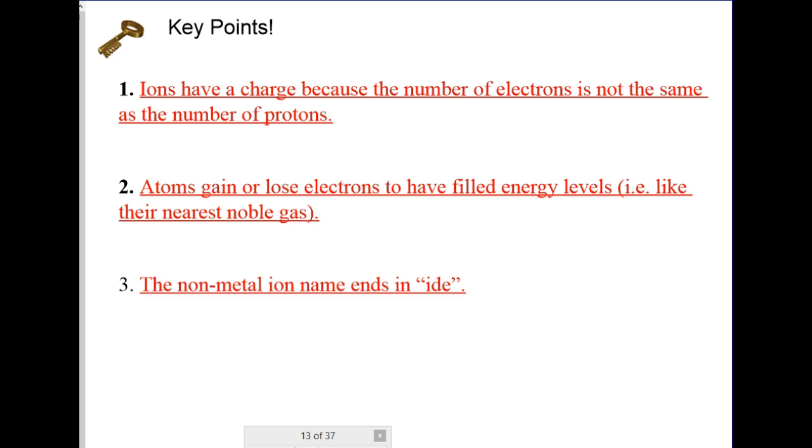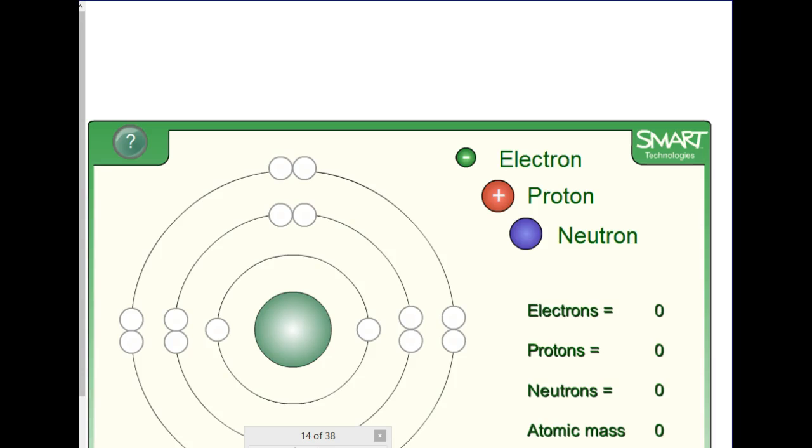The reason why something gains or loses electrons has something to do with those orbits. It is highly desirable to have filled energy orbitals. Do you remember talking about Bohr models once upon a time? Okay, I'll give you a chance to write this down. Niels Bohr stated that an atom looked like a solar system model.